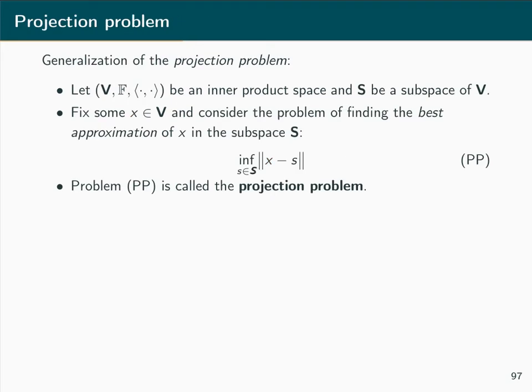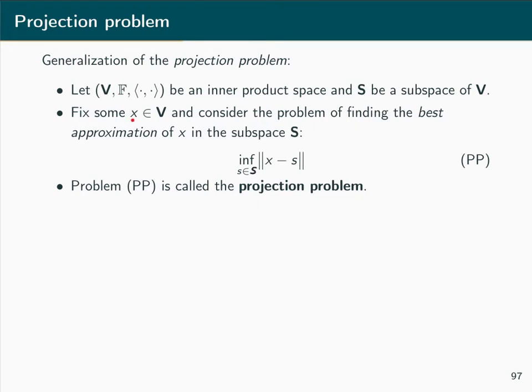To get to the projection theorem, let's first generalize the projection problem. So let V be any inner product space, so not necessarily R2 that we had before, and let S be any subspace of V, so not necessarily one-dimensional as before.